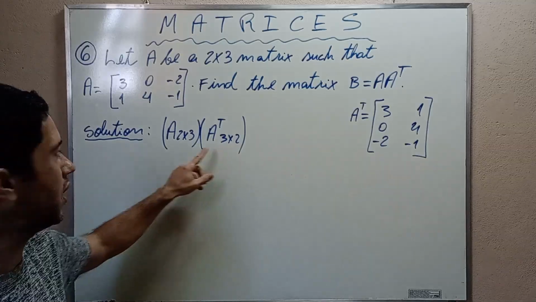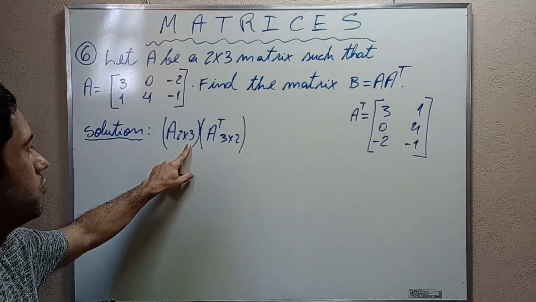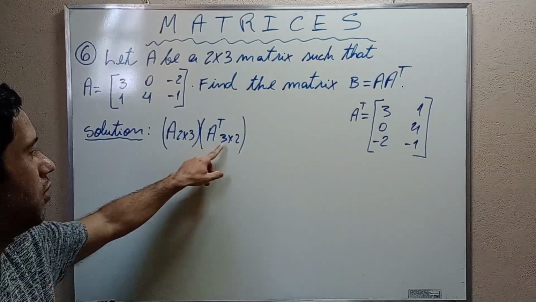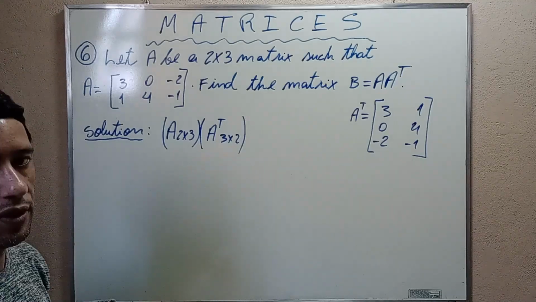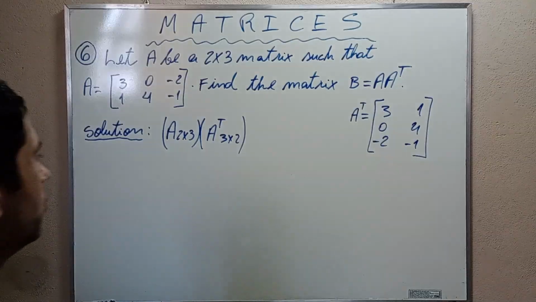We see here that the number of columns of A is 3 and the number of rows of the transpose of A is 3. Then this product is possible, okay?